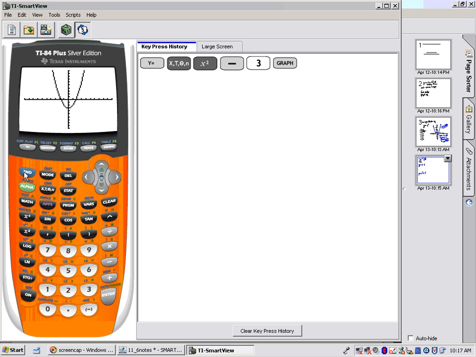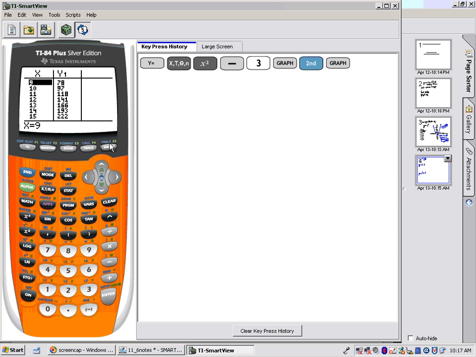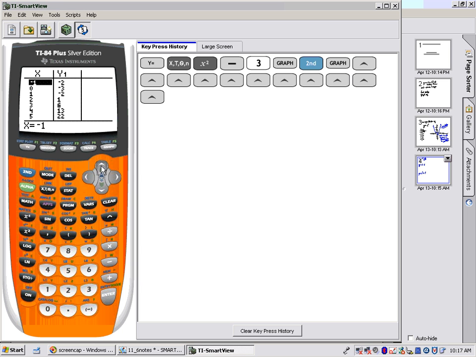You can also look at the table to see that. If we do second and graph, let me go back up some. What I want to compare the values to is, do you remember in the base y is equal to x squared, when we squared negative 2 we got 4, but notice here our output is 1, which is 3 less.